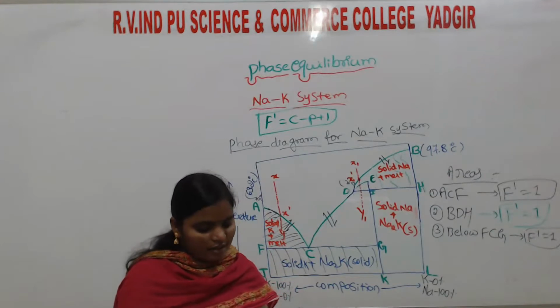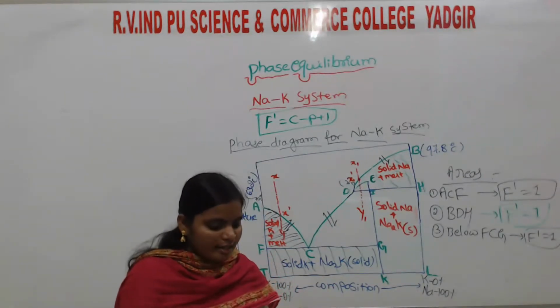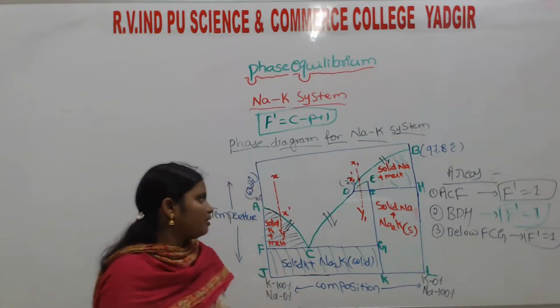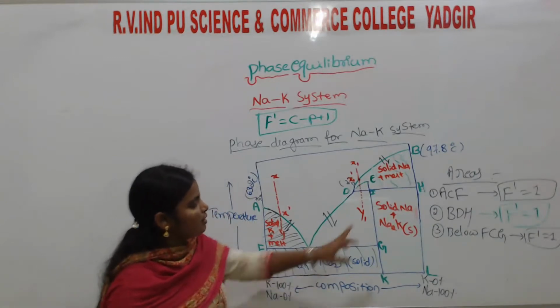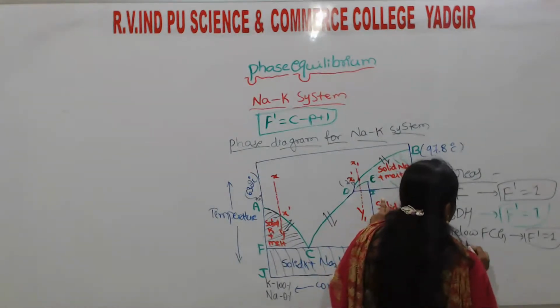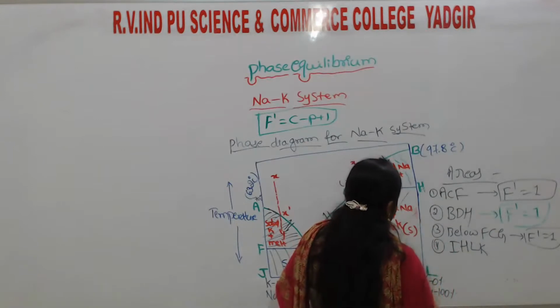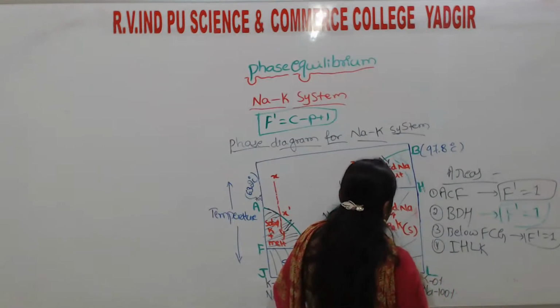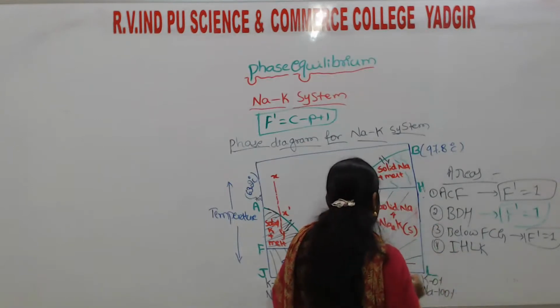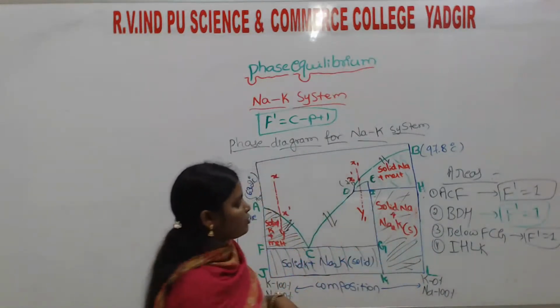Next area, that is IHLK, the fourth one. Here also two phases are present.